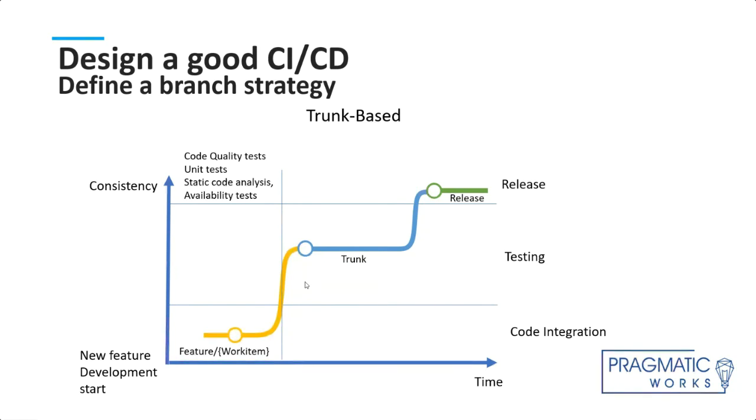As in the previous picture, we have code quality tests, unit tests, and all this kind of static code analysis and code quality checks here on the feature branches. And we have the whole amount of tests on the trunk branch. And as always, we have acceptance testing and smoke testing from the release.